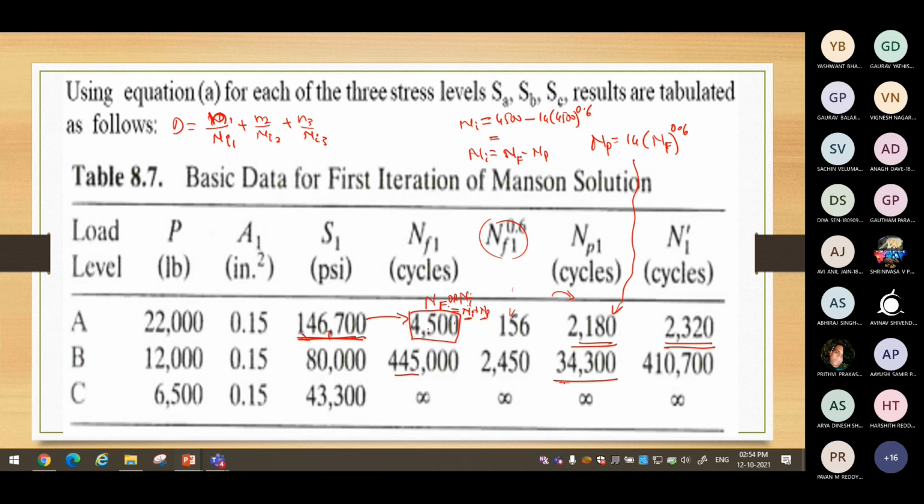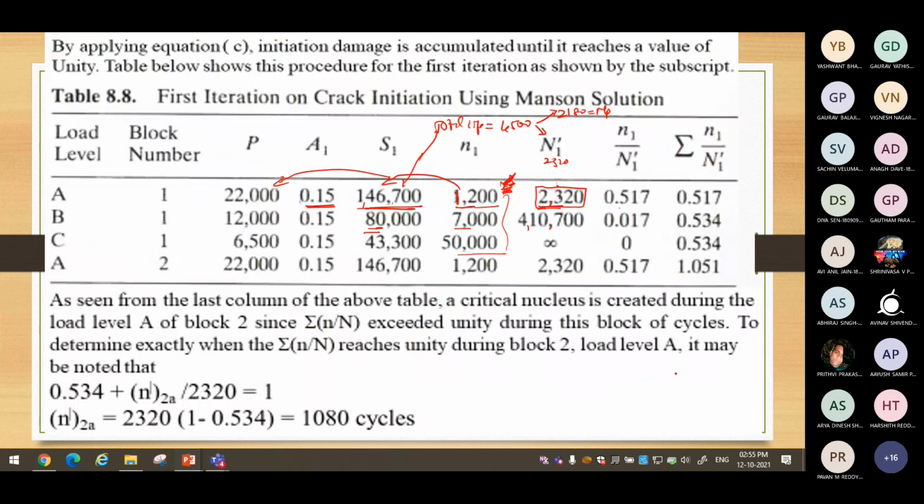So you can differentiate here. Cycles for crack propagation 34,300, cycles for crack initiation 4,10,700. So we have to consider this initiation cycle. Take that ratio, 7,000 divided by 4,10,700. You are going to have the next value. Cumulative is written here. Just add this plus this.